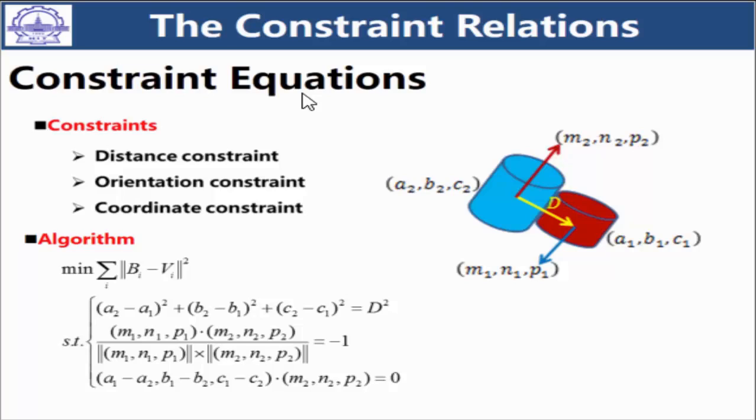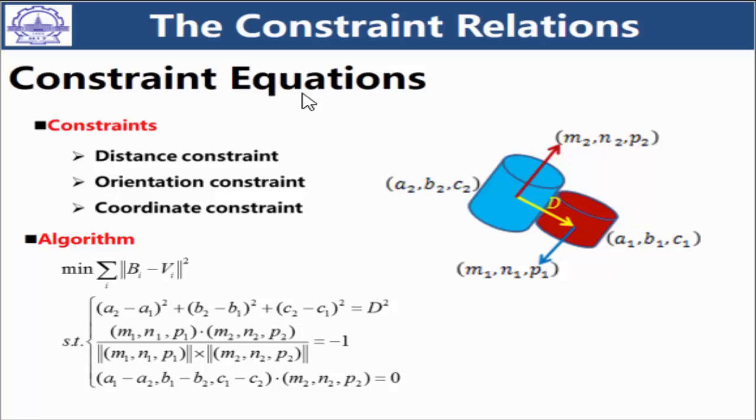First is the distance constraint: since we put these two magnets together, the distance between the centers of these two magnets should be constant, that is the sum of the radii of these two magnets. And second is the orientation constraint: M1, N1, P1 and M2, N2, P2 should be parallel to each other with the opposite direction.